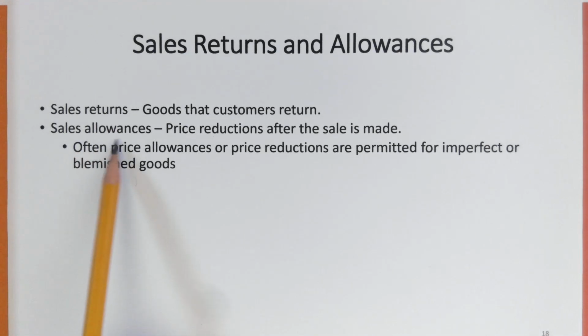We'll give you a sales allowance. And so that's what that's all about, where the customer is afforded an allowance in the purchase price, and they go ahead and keep the goods.